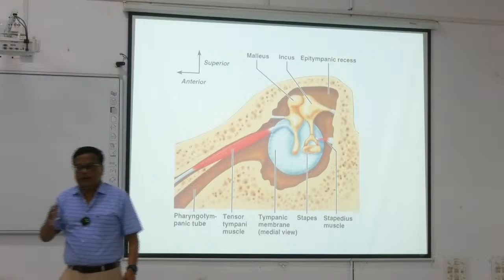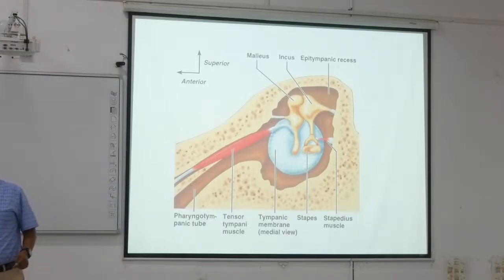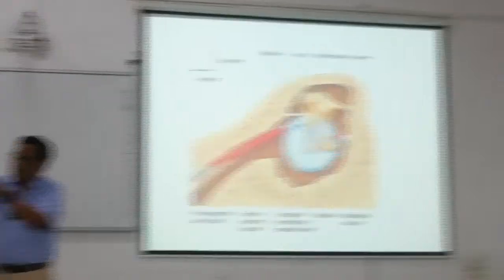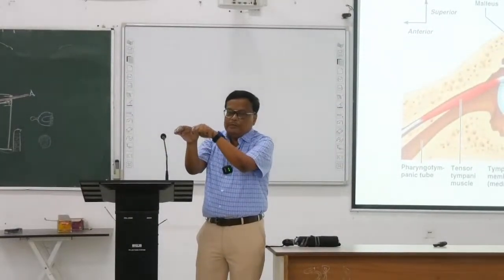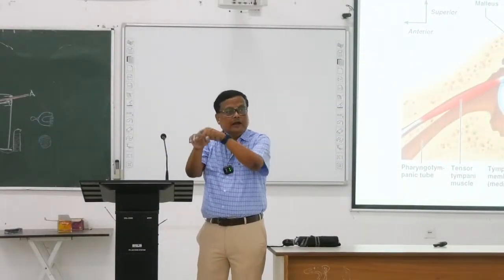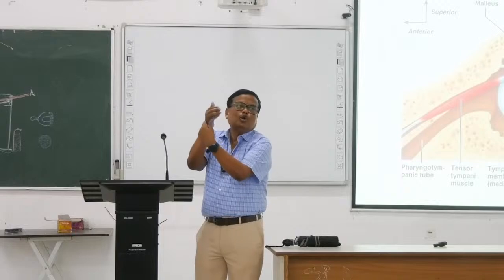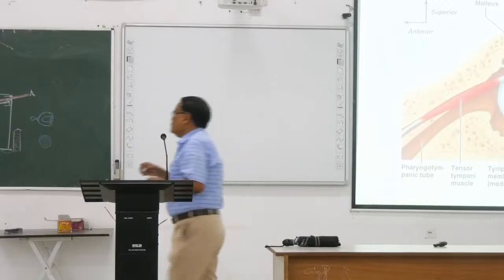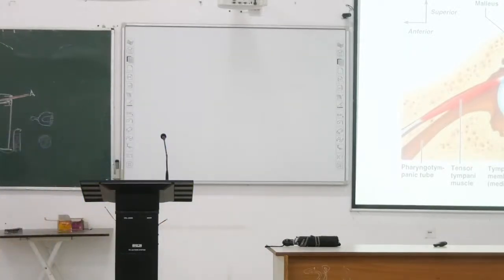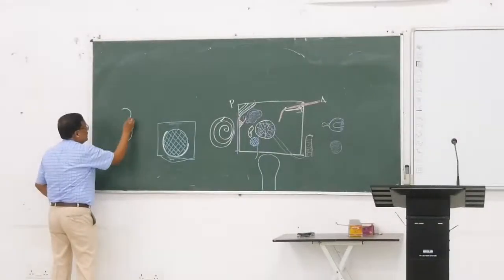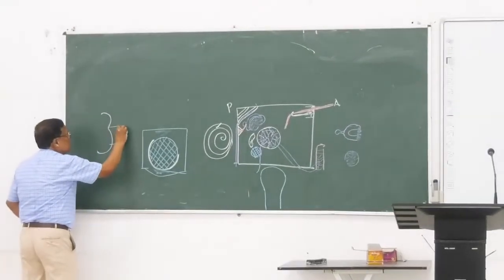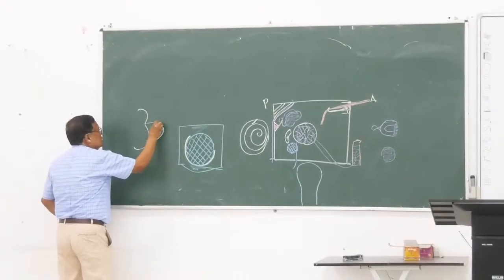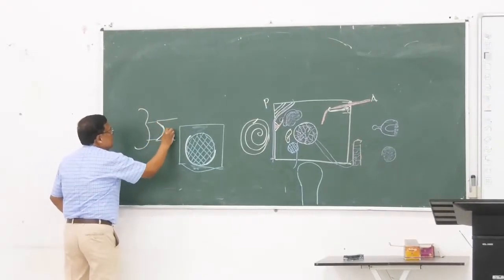And the tympanic membrane: externally, the surface is concave, and towards the inner mucous membrane side it is convex. If this is the ear, the tympanic membrane is like this, and this is the middle ear.